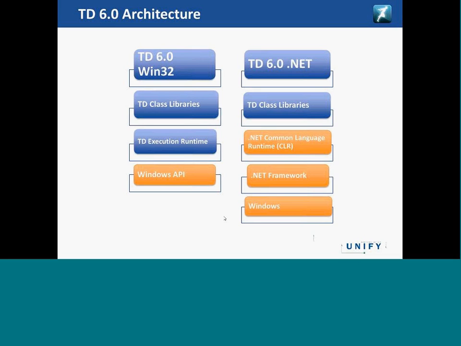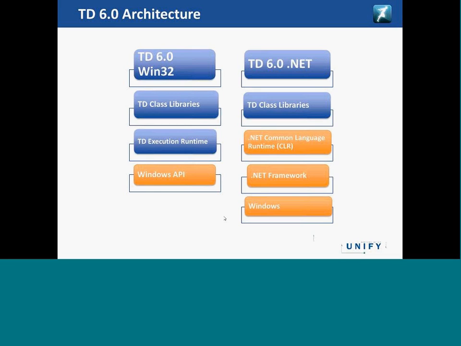So this is proven technology, and migrating an existing application to Team Developer 6 Win32 is not a big deal. You have to do all the migration steps, like bringing your sources into Team Developer 6. We have some migration tools that do the job for you. But keep in mind, Team Developer 6 is based on Unicode. So if you are dealing with third-party DLLs, like your own written DLLs, and you pass strings, make sure that you pass Unicode or ANSI strings.